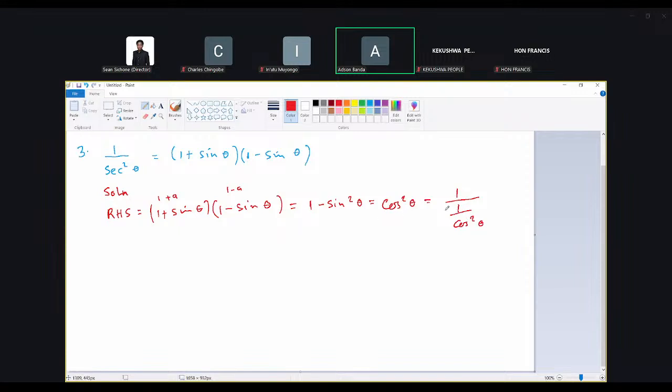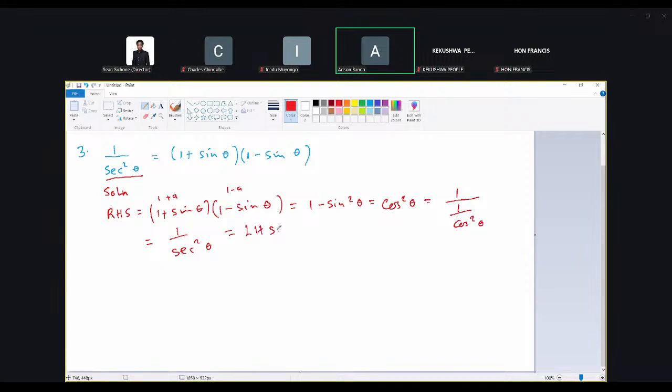I've written this because I know what I want to get at the end of the day, which is that term. For me to get sec squared theta, I must have 1 over cos squared theta. So this is now what gives me 1 over sec squared theta, which is the left-hand side.